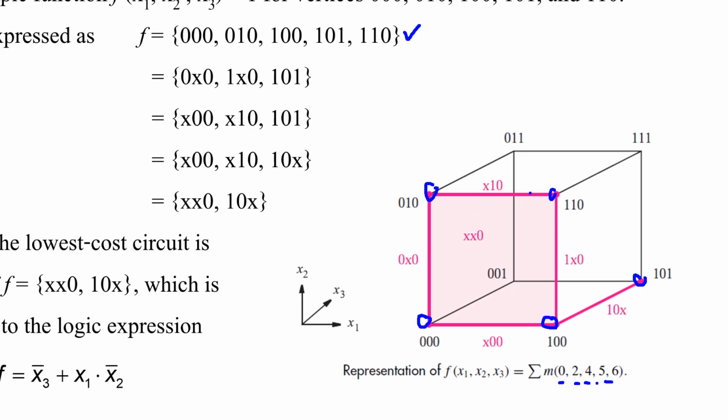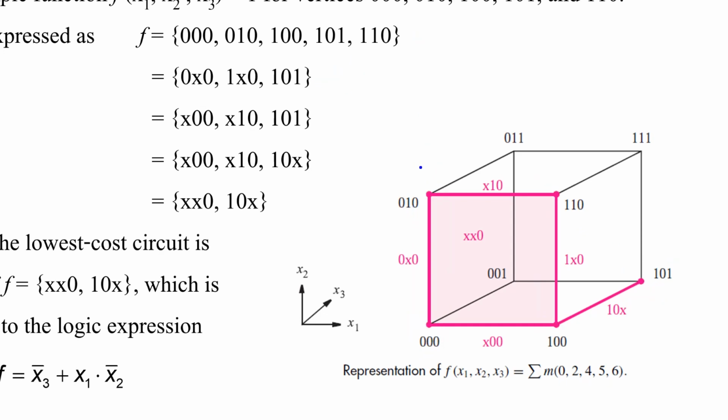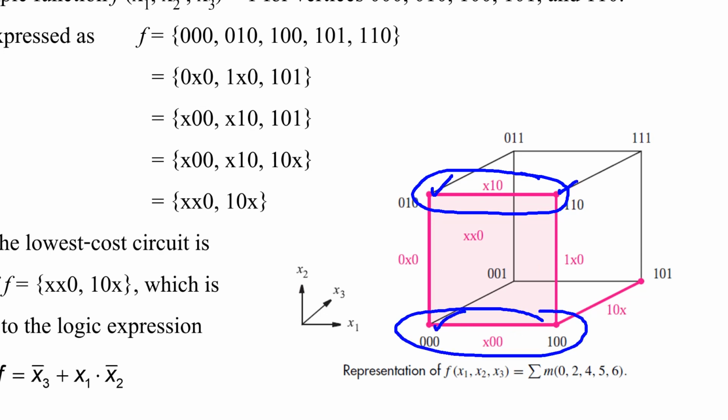Or you can select, for example, this edge and this vertex, like this. Also, you can select this edge that covers this vertex and this vertex, this edge which covers this vertex and this vertex, and this one.